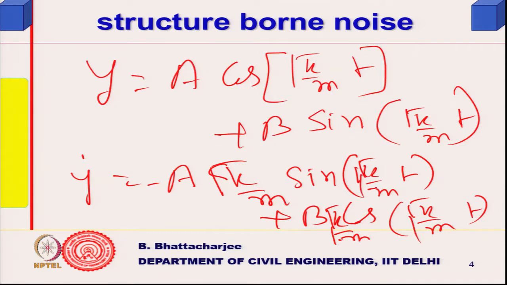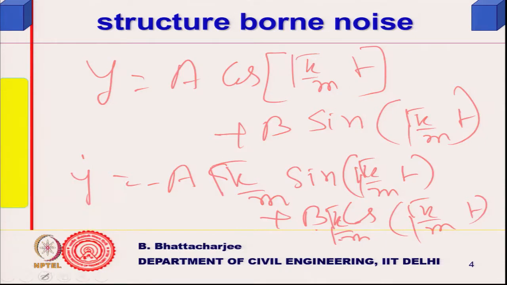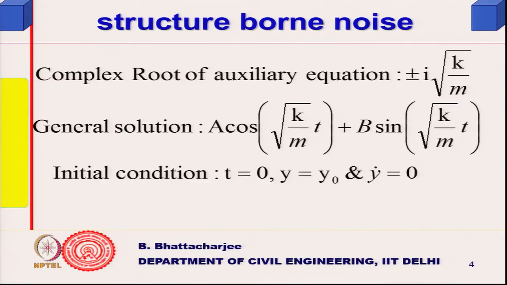Is that correct? Is there any problem in this? When I put t equals 0, the sine term goes to 0 and the cos term goes to 1. Under root k by m is not equal to 0, so b must be equal to 0, that is how I am getting it. Therefore, a equals y 0, b equals 0.